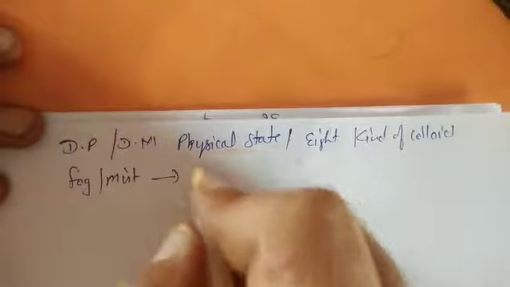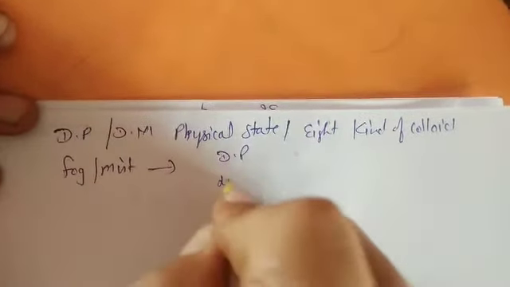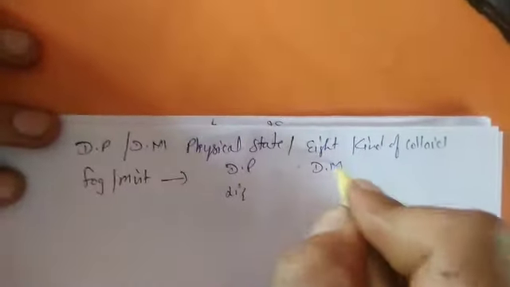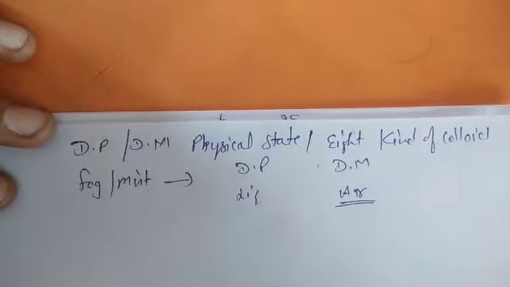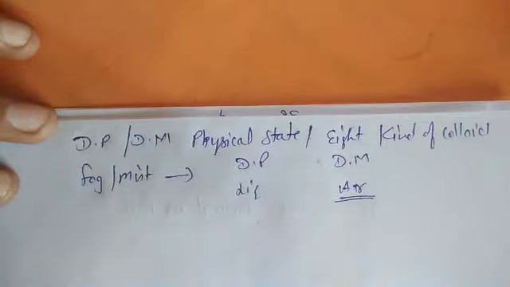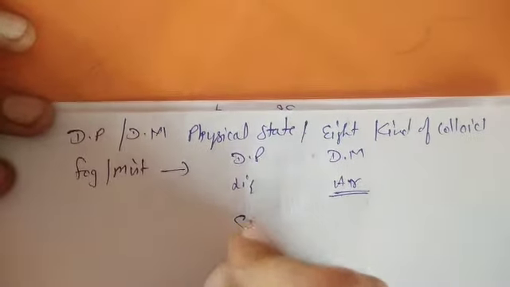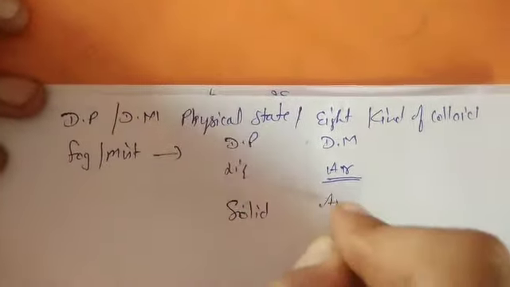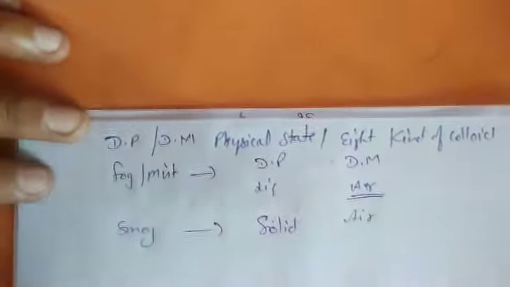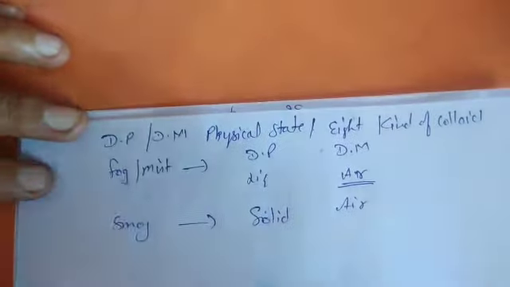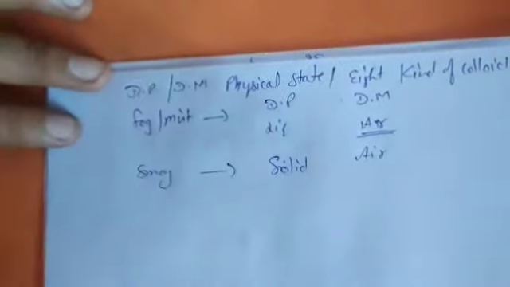What are these? The dispersed phase is in liquid condition and the dispersed medium is air, that is gas. The dispersed phase can be solid as well. When smoke is mixed with air, the dispersed phase becomes solid and the dispersed medium is air.